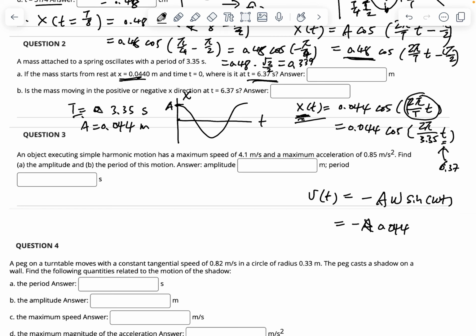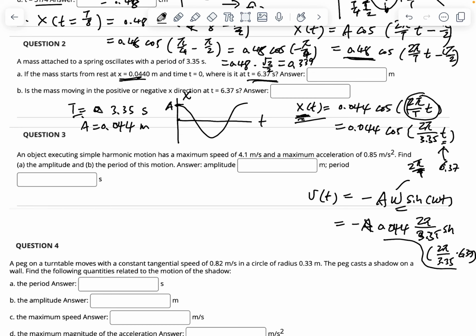0.044. What is omega? Omega equals 2 pi over T, so 2 pi over 3.35, sine of 2 pi over 3.35 times t, then you plug in 6.37.